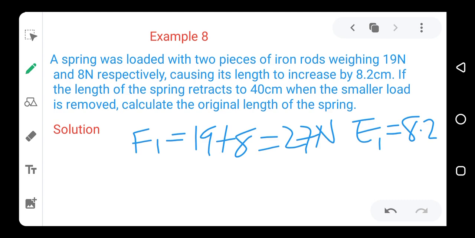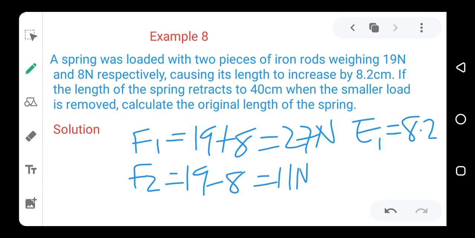Which one is the smaller load? We have 19 Newton and 8 Newton. So we are now removing the 8 Newton, which is the smaller load, and when we remove it, the length of the material will come back to 40 cm. So we have that F2 is equal to 19 minus 8, which gives us 11 Newton.